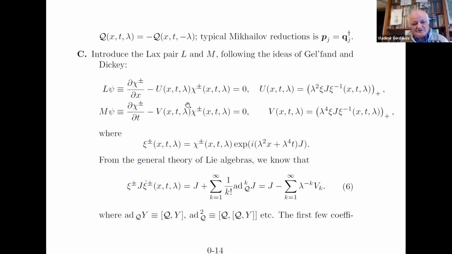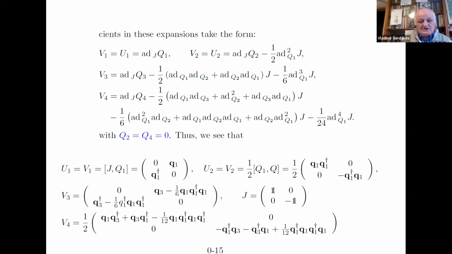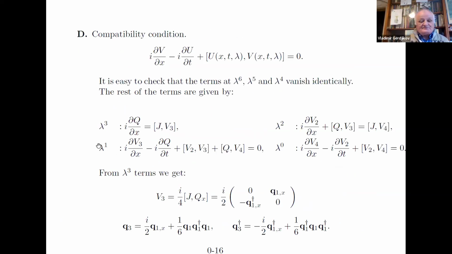So when we try to calculate the commutator, we get the highest power lambda 6. However, it is vanishing, and you can easily see that all the other powers until lambda cube vanish identically. Lambda 6, lambda 5, lambda 4 vanish identically.